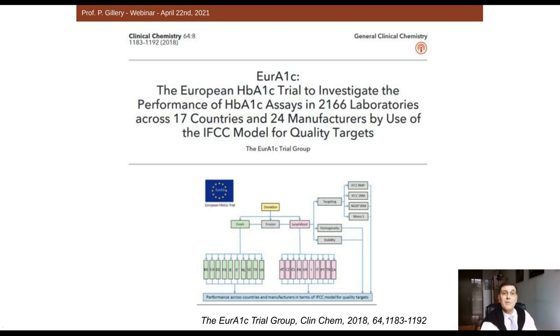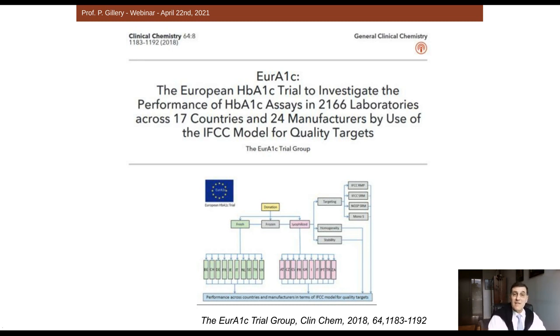The same group has organized a European trial for HbA1c measurement, and they sent samples to more than 2,000 laboratories in 17 countries.